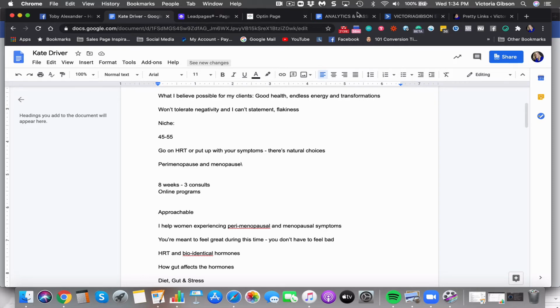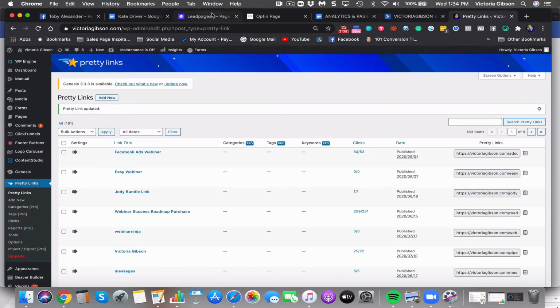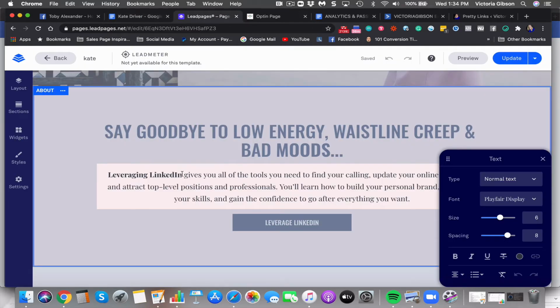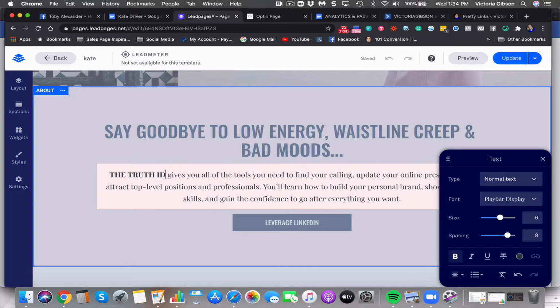Okay, so I'm just going back to the notes that Kate had given me here. I'm going to the wrong place. The truth is, this is what I like about Lead Pages. It kind of lays it out.